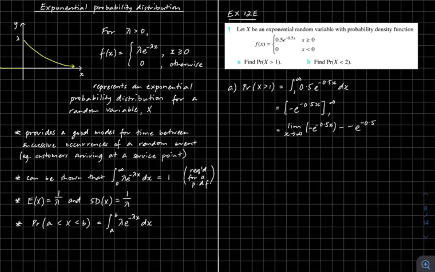So what is the value of this? Well, that's really the same as negative 1 over e to the positive 0.5x. Let's write that up here, so that is the same as the limit as x approaches infinity of negative 1 over e to the 0.5x.